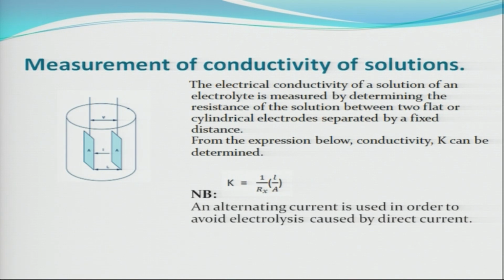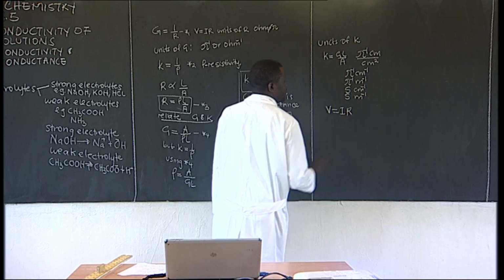We get the electrolyte whose conductivity we want to measure and place it in this cell. To know the resistance between the plates, we can use Ohm's law by knowing the voltage and the current, then calculate the resistance.